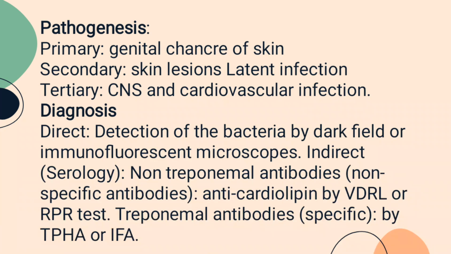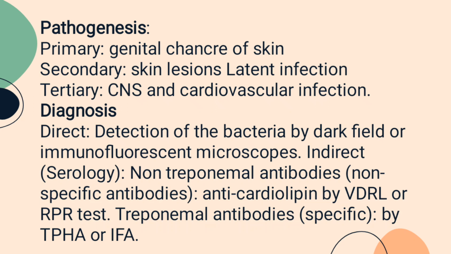The pathogenesis: for the primary, genital chancre of skin; secondary, skin lesion, latent infection; tertiary, CNS and cardiovascular infection. The diagnosis is direct or indirect. For direct, detection of the bacteria by dark field or immunofluorescent microscope.